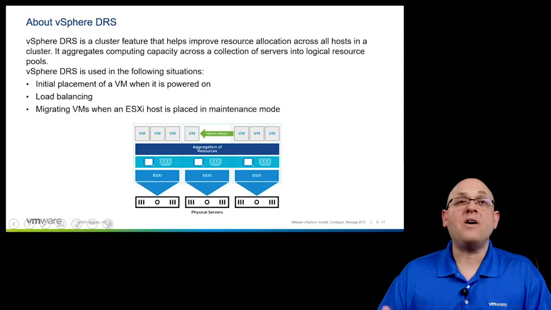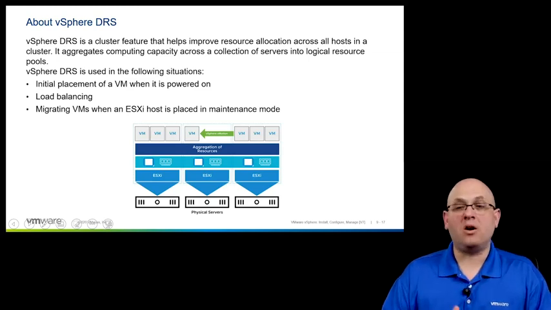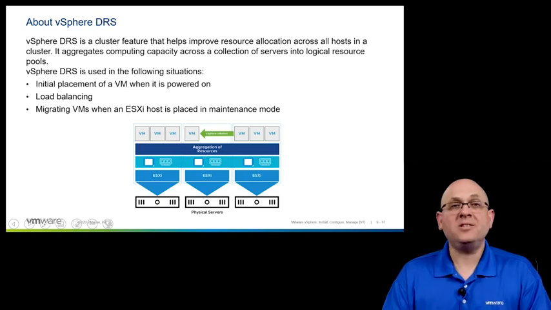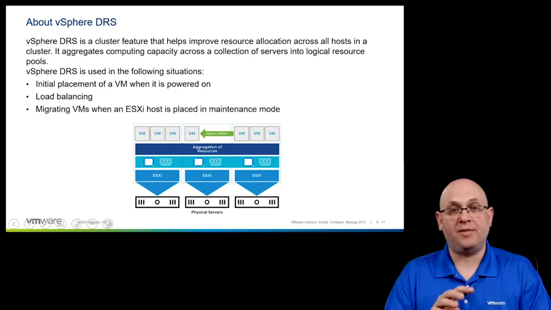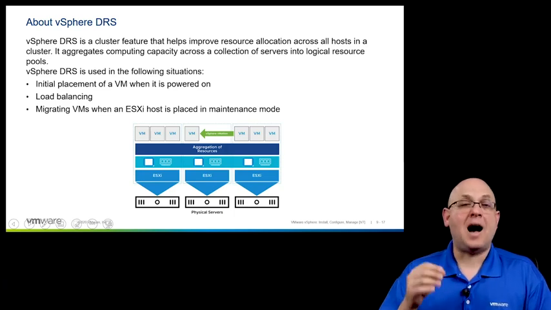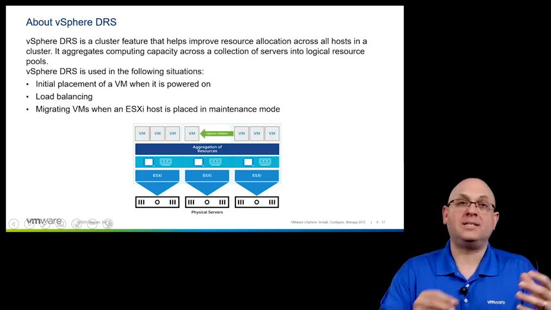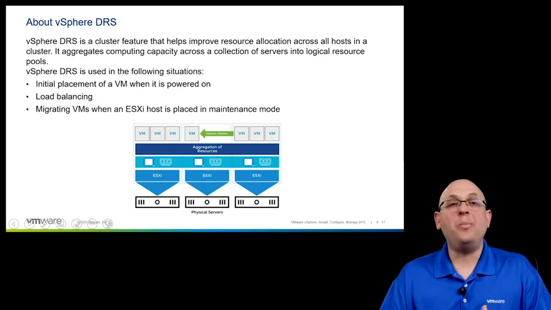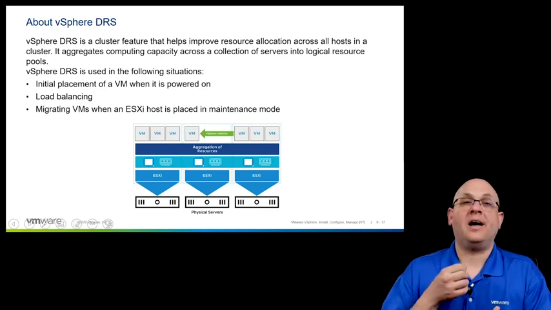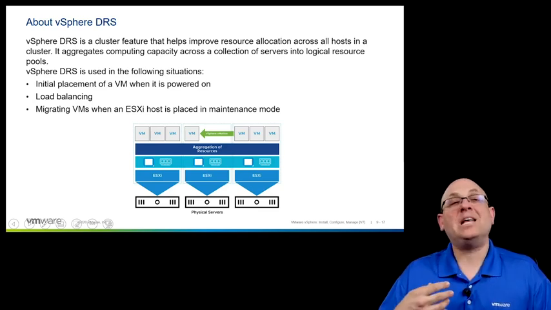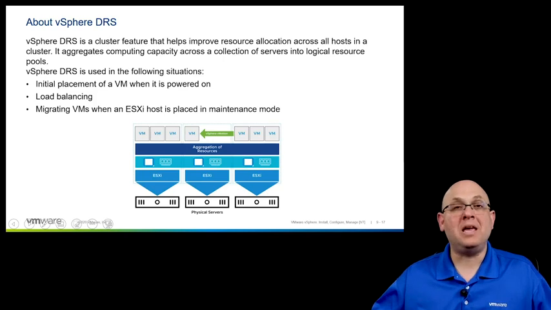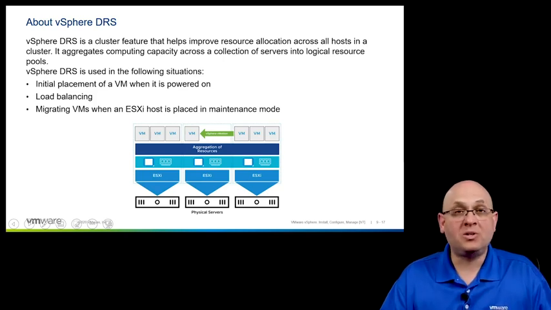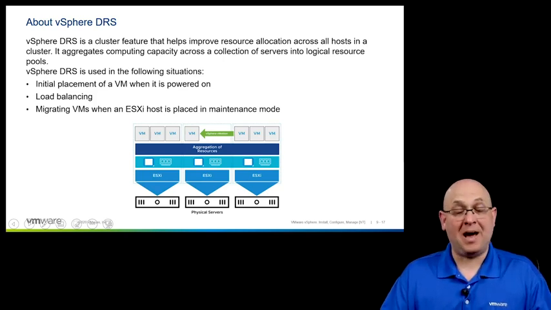So DRS, as you turn the feature on a cluster, does a couple of really cool things. The first thing it does is it'll make sure that when you power on a virtual machine on the cluster, that is, I have moved my ESXi hosts into the cluster, the virtual machines that are registered with those hosts now become registered to the cluster. I choose to power on a VM, and it really doesn't matter to me on which host that VM gets powered on.